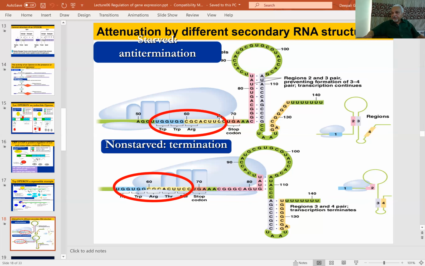So this is the region, what we call the attenuator, or the process we call attenuation, where translation guides the transcription process. So these are the kinds of regulatory mechanisms which have been worked out and studied for the prokaryotic system, and it explains almost all pathways, catabolic and anabolic, which go on in a bacterial cell.